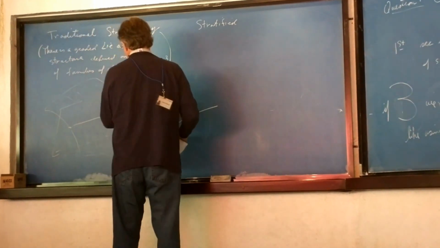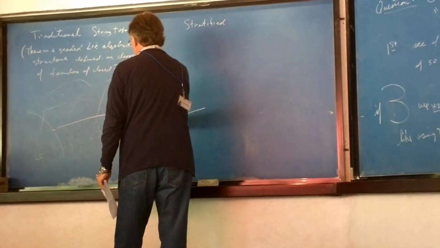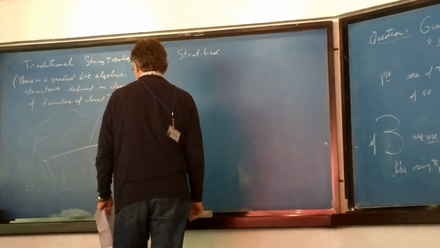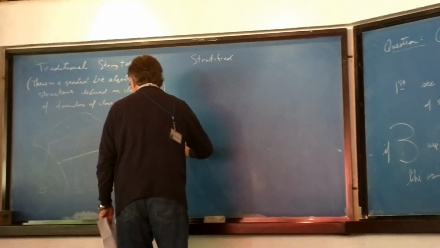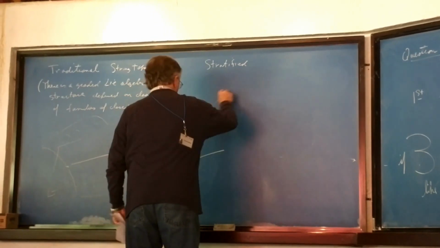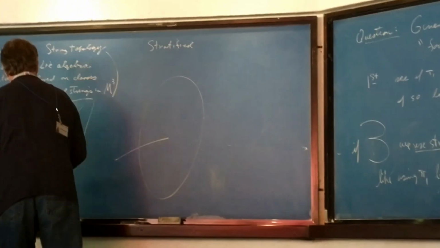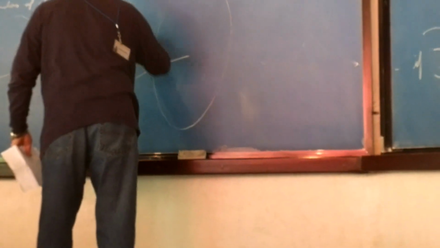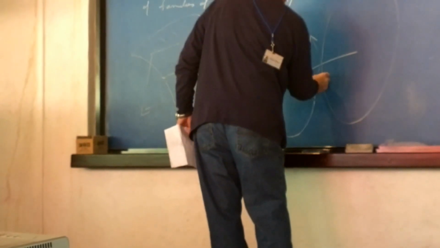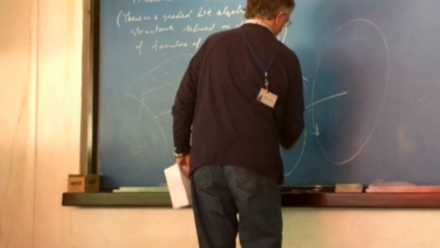I'm imagining, so this is the intersection, and this is really part of the closed string. So take a point here, and then there's a string going off like that. It's also part of the closed string. And so that one's going like that, that one going like that.